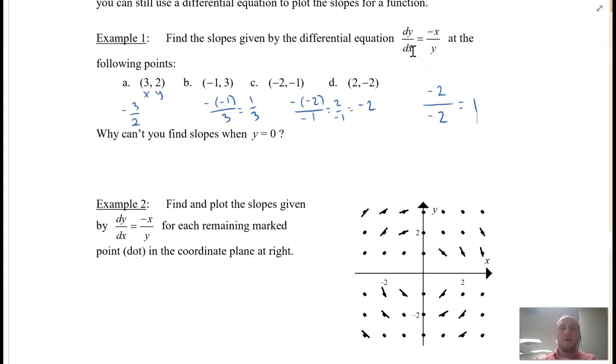So here it says, why can't we find the slope when y is equal to 0? Well, for this particular equation, we have a denominator of 0, and we cannot divide by 0.